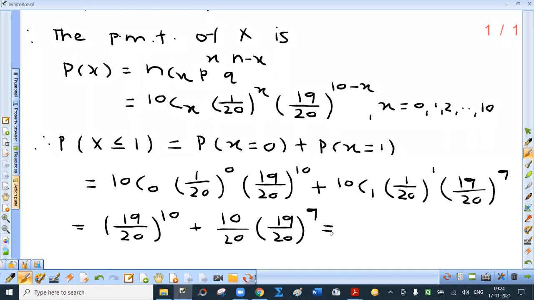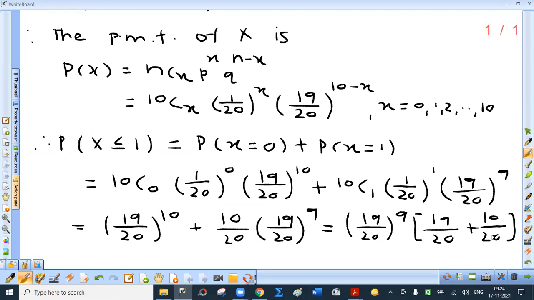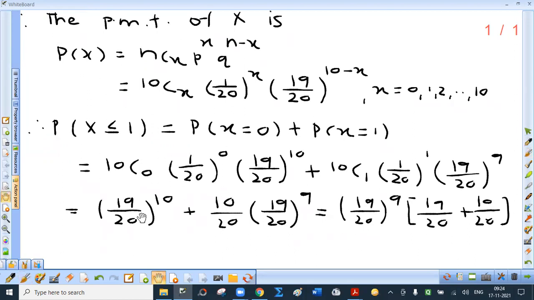I can take 19 by 20 raised to 9 common. So what remains in the bracket is 19 by 20 plus 10 by 20. That is why I haven't written half, because in that case we'll have to find LCM.